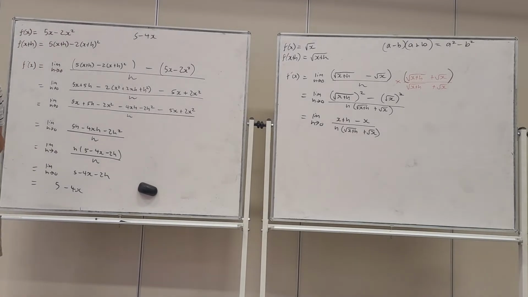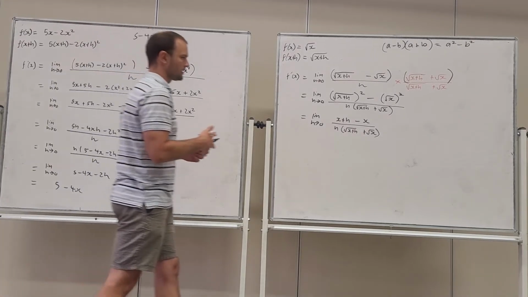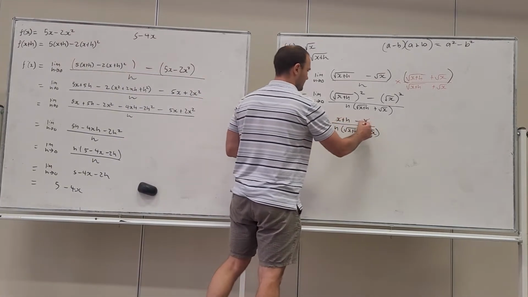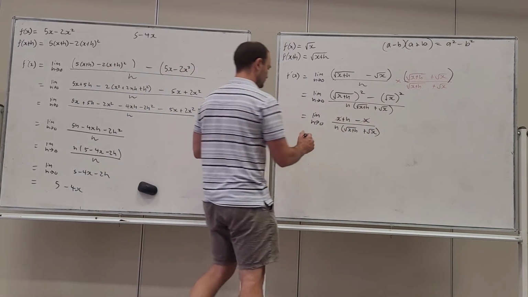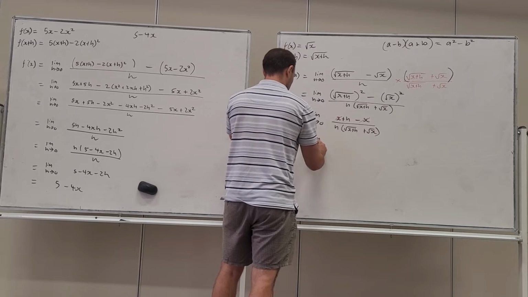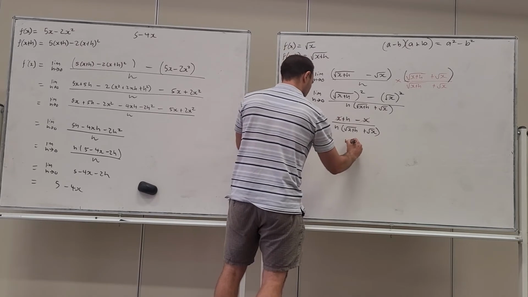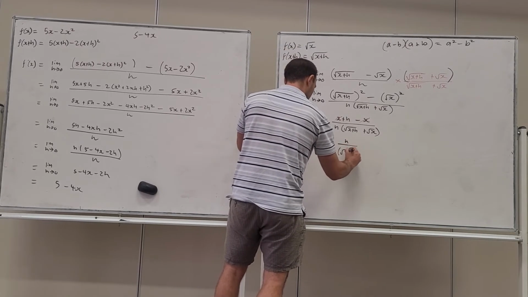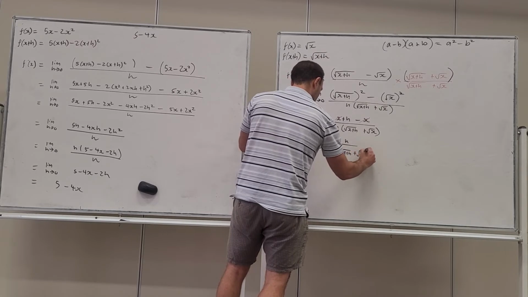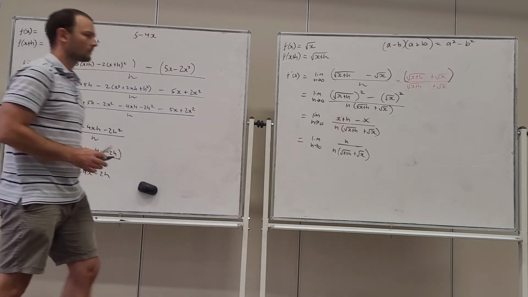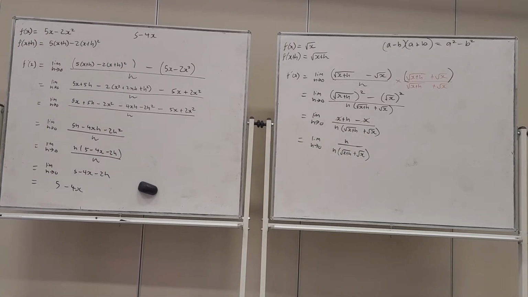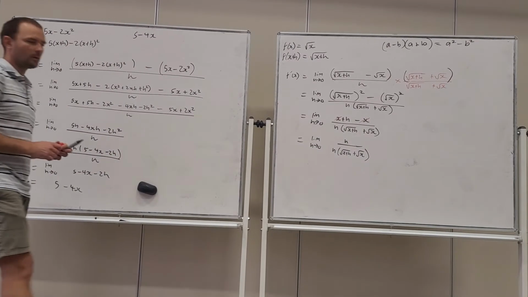We can collect like terms at the top. So we've got x, take away x. Here h is a common factor to the top and the bottom.